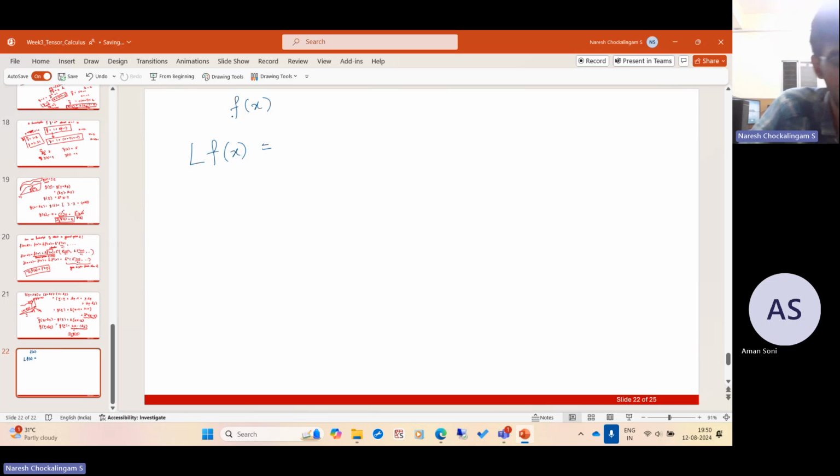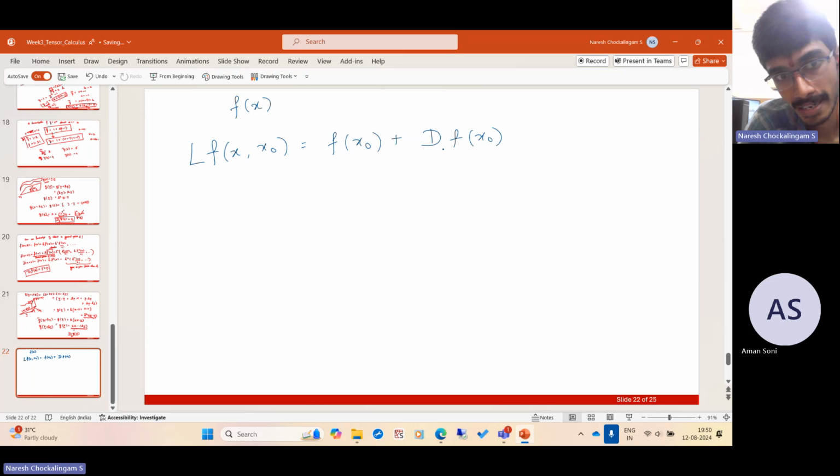If you're linearizing it about a point x naught, the linearization is nothing but f of x naught plus the directional derivative of this function at the point x naught in the direction x minus x naught. Right? This directional derivative is in the direction x minus x naught. So this by definition is the directional derivative.